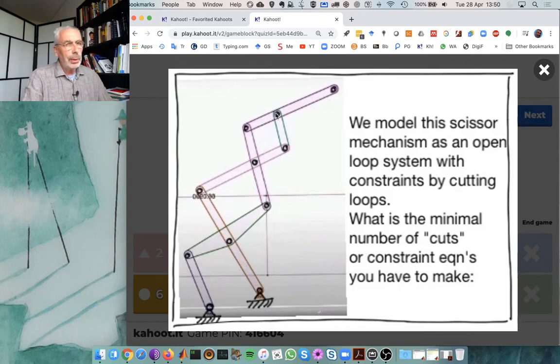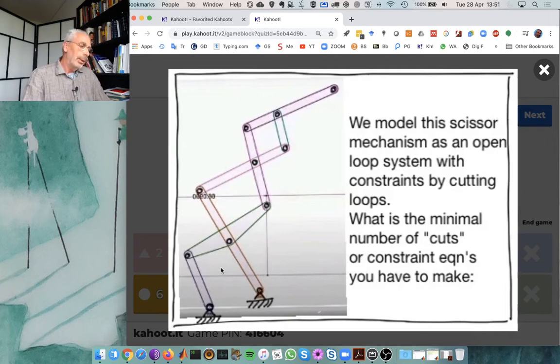Now, to be sure, let's do some calculation. If we do these cuts, we need 1 angle, 2 angle, 3 angle, 4 angle for this part as an open loop structure, and for this part we need 1 angle, 2 angle, 3 angle. So 3 plus 4 is 7 angles. We made in total 3 times 2, 6 cuts. So 7 minus 6 is 1, so it should have 1 degree of freedom.